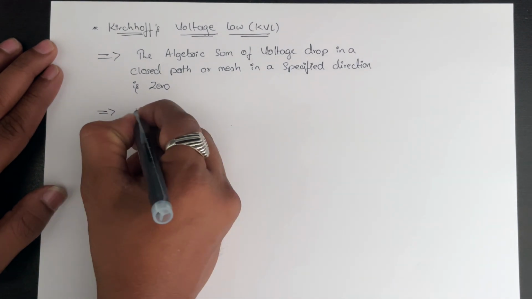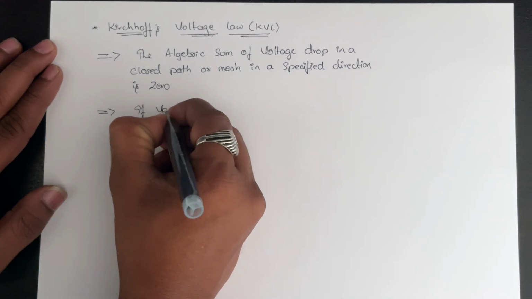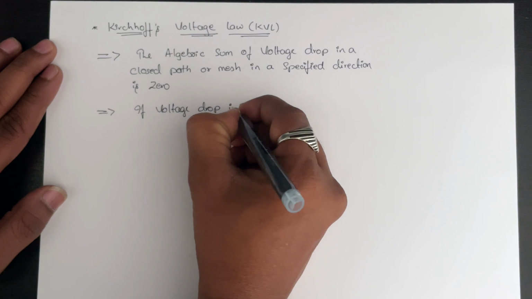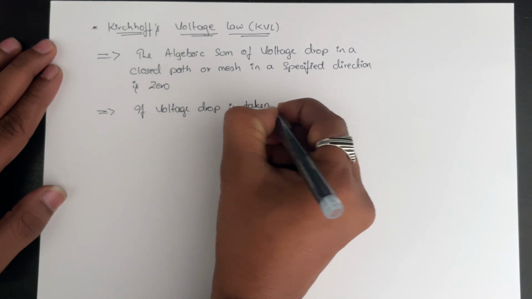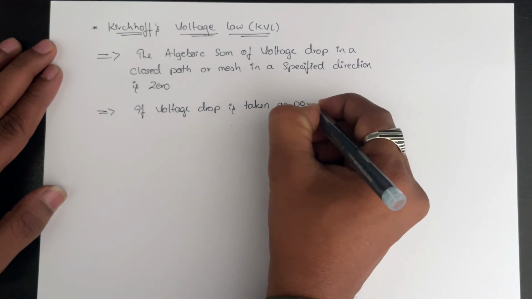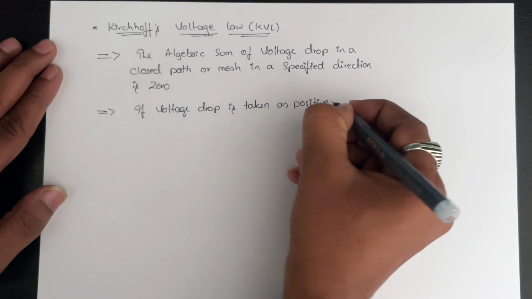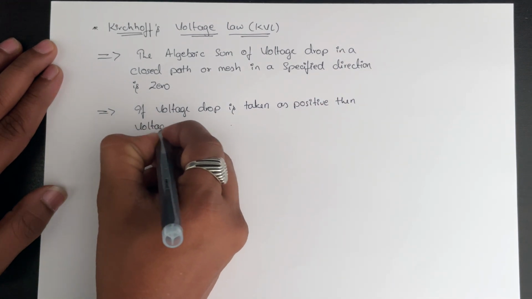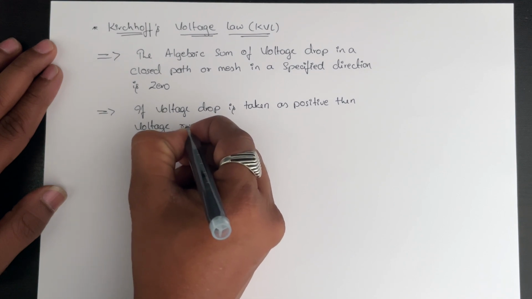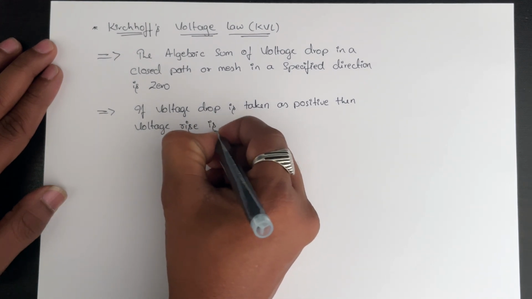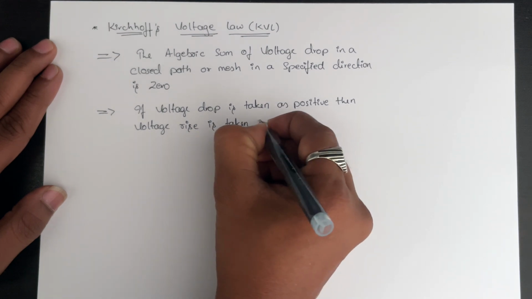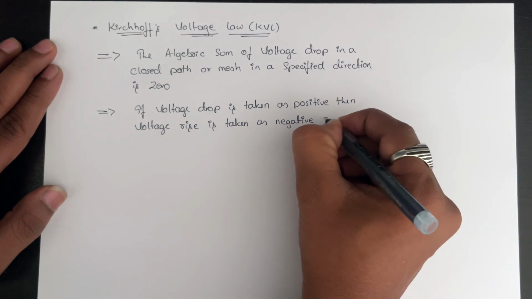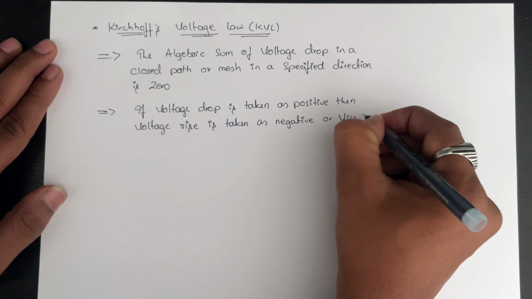And if voltage drop is taken as positive, then voltage rise is taken as negative, or vice versa.